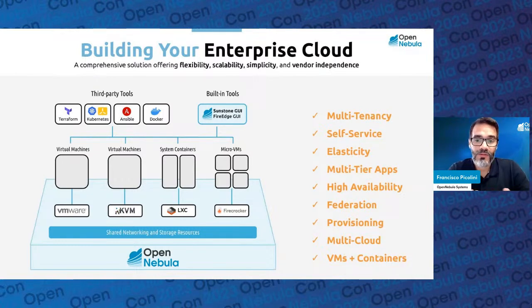In some cases, you will be using OpenNebula on top of VMware, which we manage well. In some cases, you will be using LXD containers, or Firecracker micro VMs, which we have now and are very useful. And the OpenNebula interface is intended for both end users and administrators, simplifying the technical management of all OpenNebula resources.